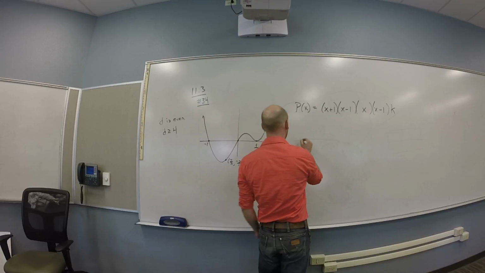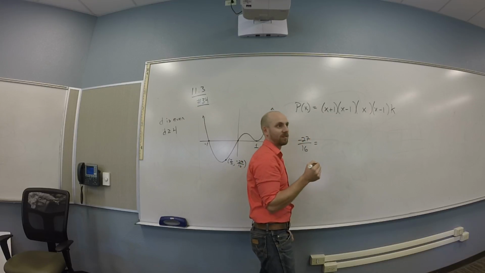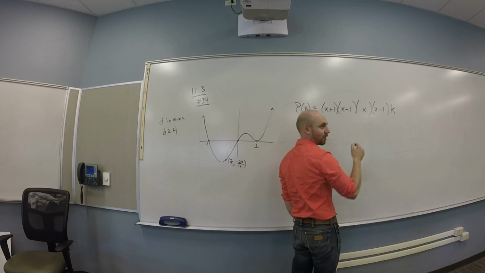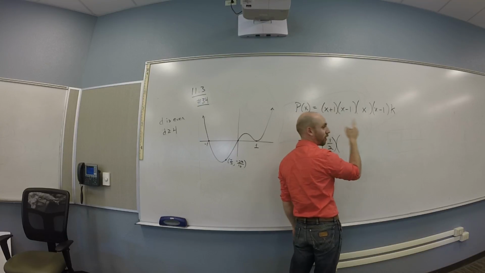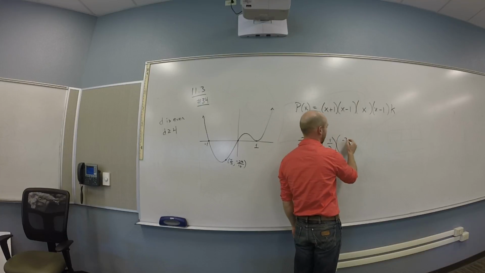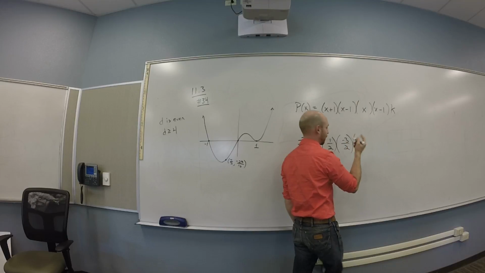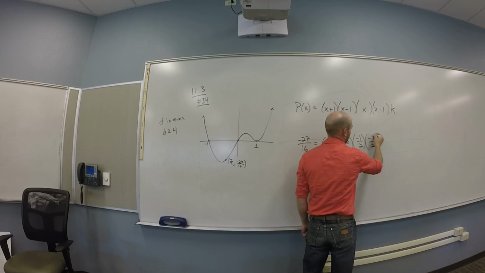So I can say minus 27 over 16 has to equal negative 1/2 plugged into this. Negative 1/2 plus 1 is 1/2. Negative 1/2 minus 1 is negative 3/2. And then negative a half, and negative 3/2 again.